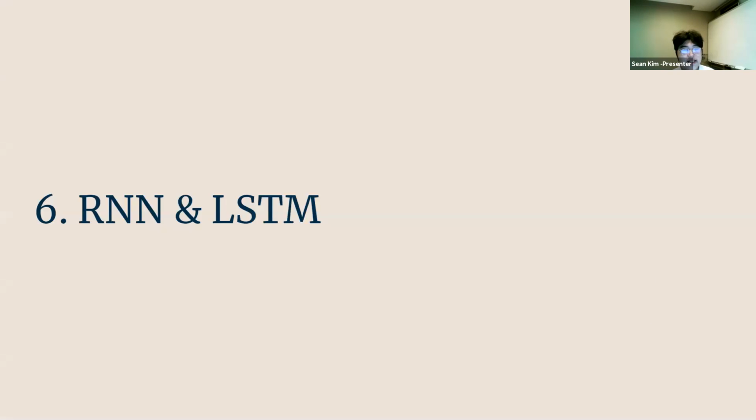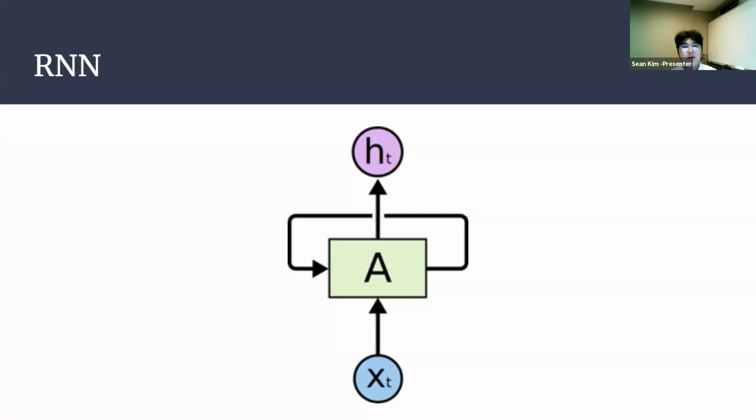So now I would like to explain the technology behind the program that I made, RNN and LSTM. RNN basically stems from the idea that humans do not think of things from the basic and from the start.